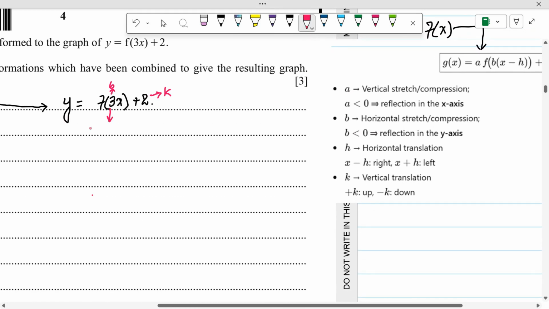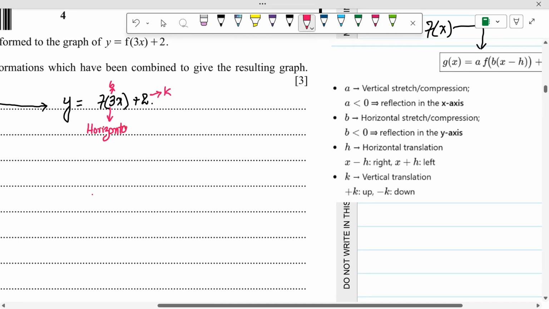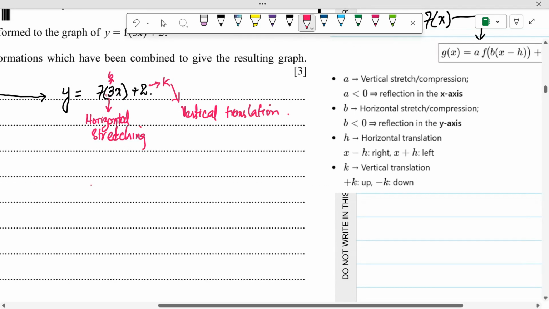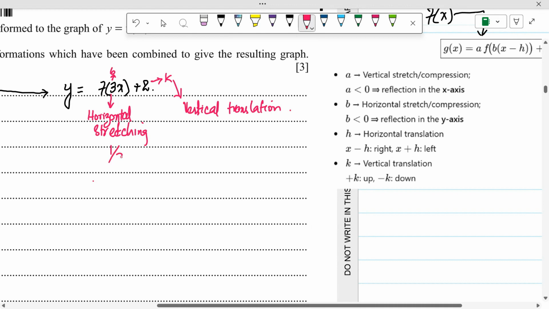So B represents the horizontal stretching and K shows the vertical translation. And the multiple will be represented by 1 by 3.